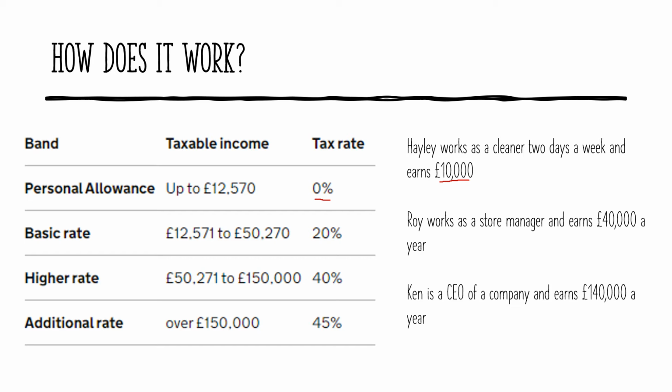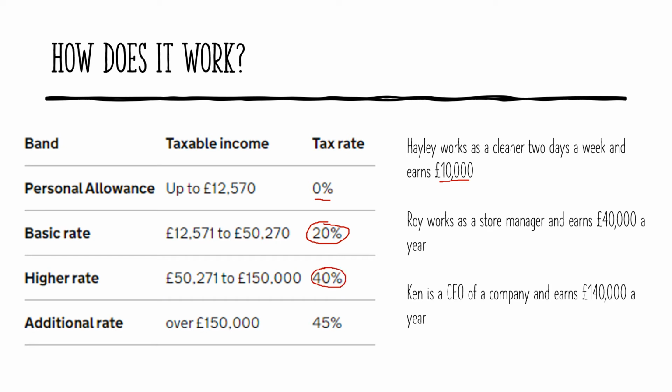Once you start earning over £12,571, between that and £50,270, on anything you earn in that bracket, you'll pay 20%. Anything between £50,271 and £150,000, you will pay 40% on.